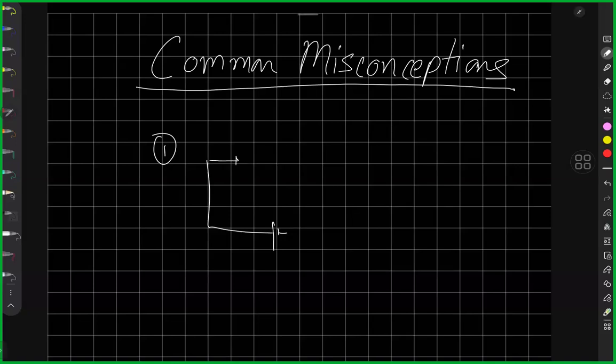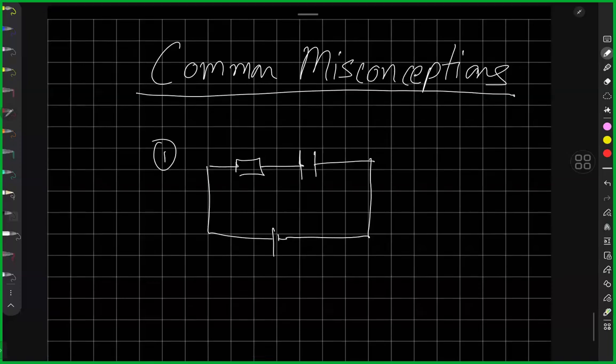This is a resistor, and then I have a capacitor, and this is my supply of EMF voltage. Now, what do we find as a voltage when I have a voltmeter measuring the voltage across the resistor?